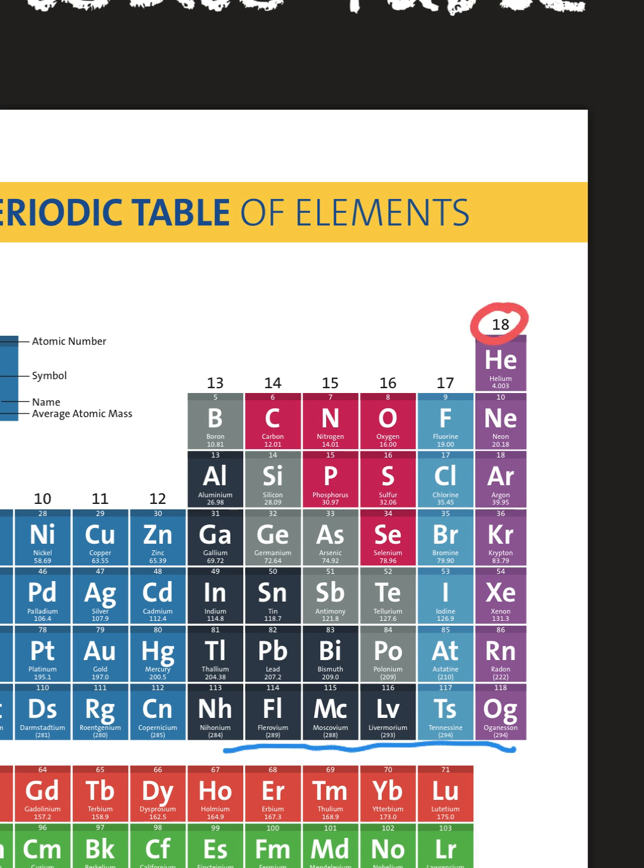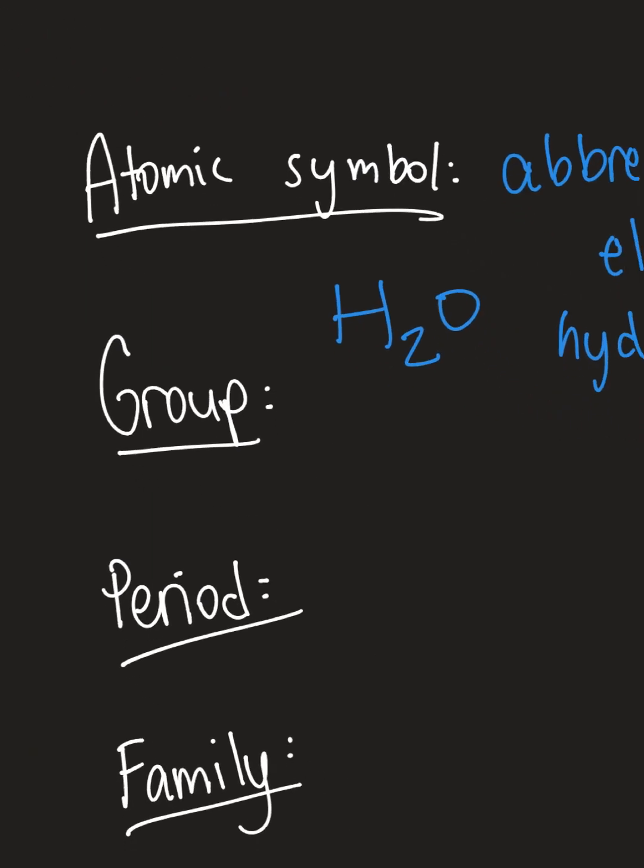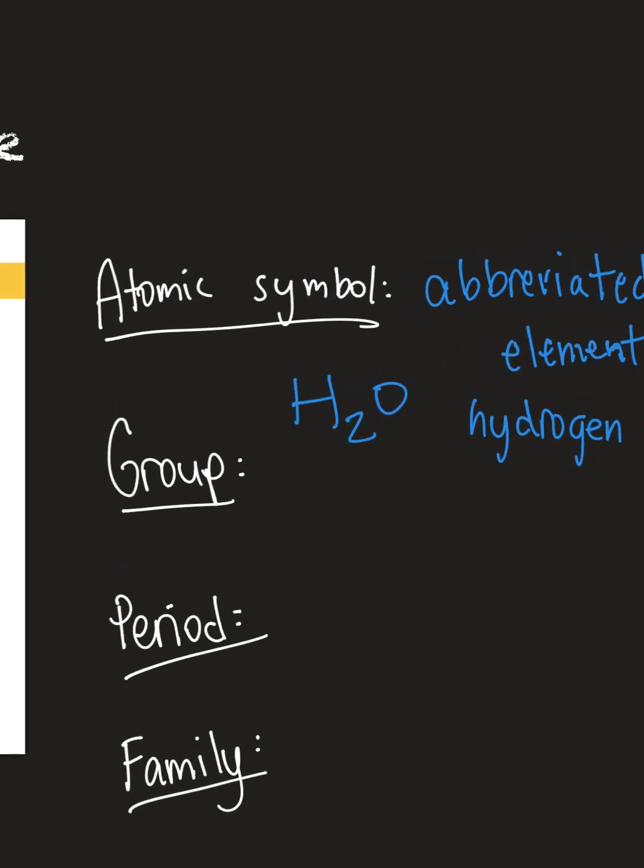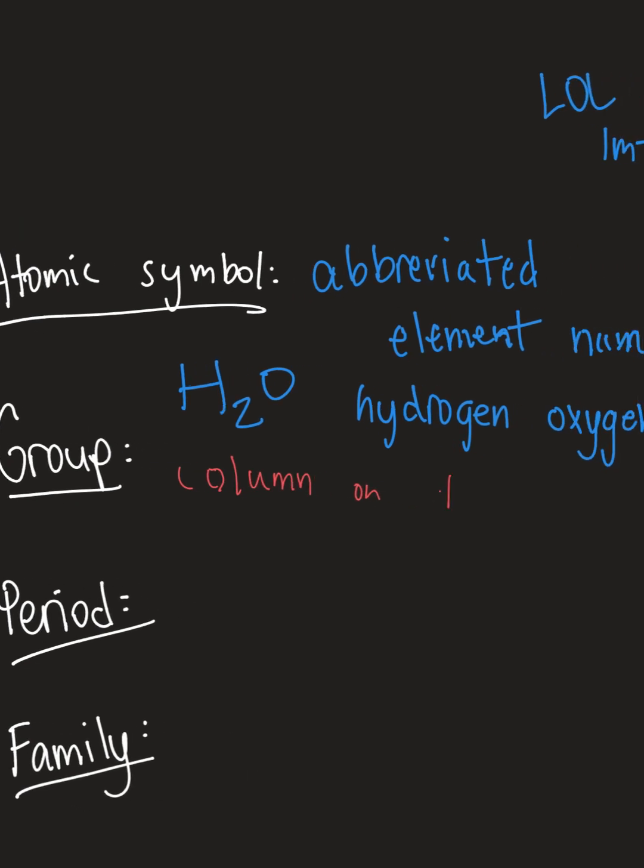So groups are the same thing as the columns on the periodic table, so we call those groups.